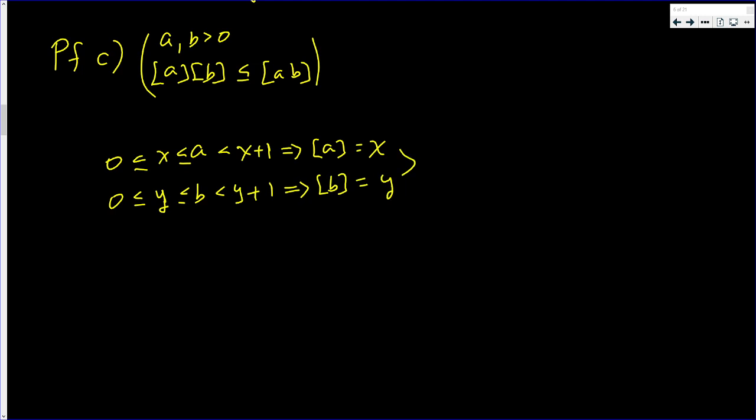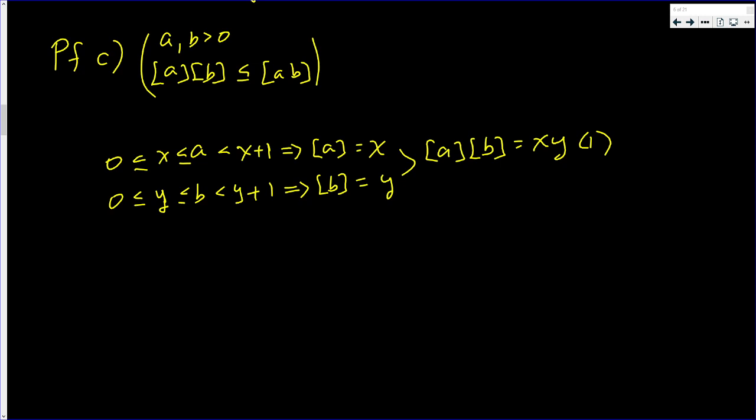Multiplying those two results, we get that the greatest integer of a times the greatest integer of b is x times y. Okay, let's hold on to this. Let's call that equation 1.